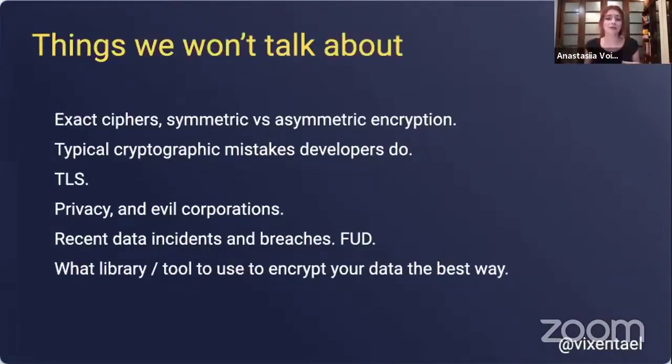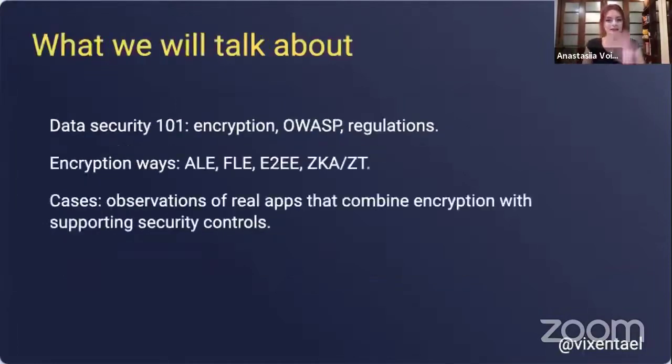We also won't mention or name any exact tools that you can use as silver bullets to make your life easier. No. Today we're going to look at data security and cryptography from an architecture perspective. What is it? Why do we use that? How to use encryption? How to build complicated encryption workflows into your architectures, into your apps.